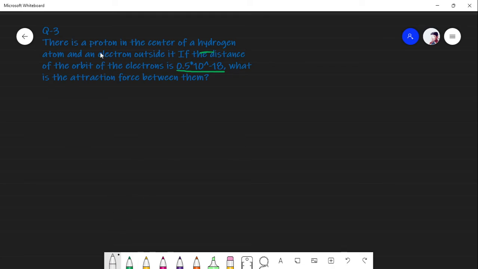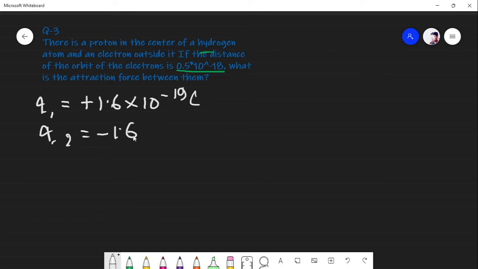Q1 should be the charge of the proton, which is plus 1.6 into 10 to the power negative 19 coulombs. And Q2 will be the charge of the electron, which is minus 1.6 into 10 to the power negative 19 coulombs.